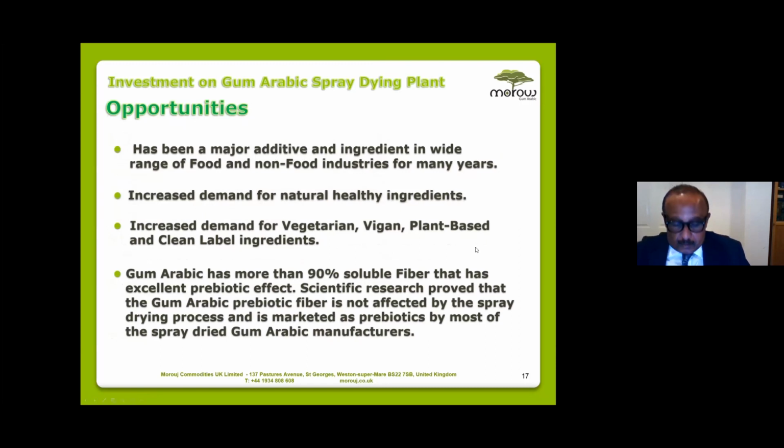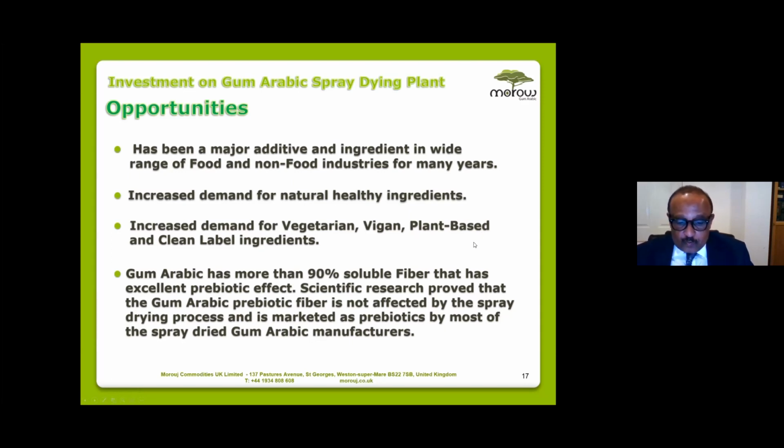Increased demand for natural health ingredients. Health and wellness are front of mind for most consumers. Gum arabic is a plant product or green ingredient, and this fulfills the huge increased demand for vegetarian, vegan, plant-based, and clean label ingredients.